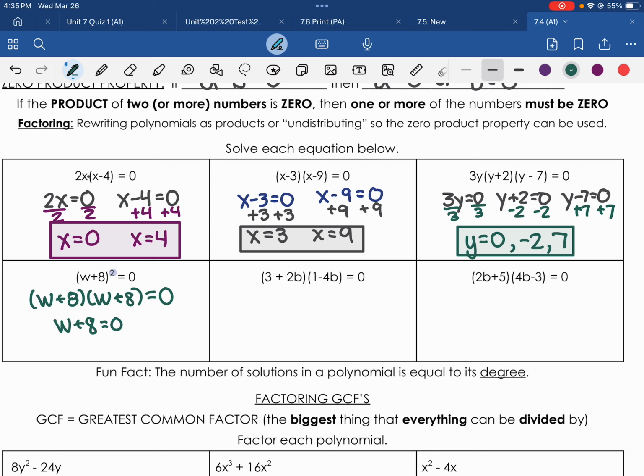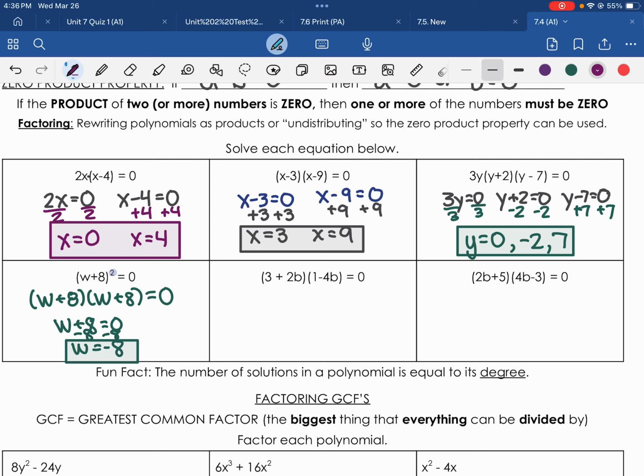Is that going to give us different answers? No. So your answer would just be negative 8 when you subtract that 8 to the other side. That is called a repeated answer because it was on there twice. You don't have to write that. Just know that it's okay if the parentheses gave you the same answer. You don't have to write it twice. So that's what you do with the squared.